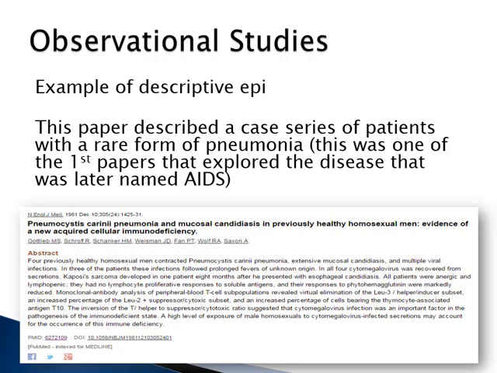Here is another descriptive epi example. This is a case series published in 1981 in the New England Journal of Medicine. This case series described patients with a rare form of pneumonia. It was one of the first papers that explored the disease that was later known as AIDS.